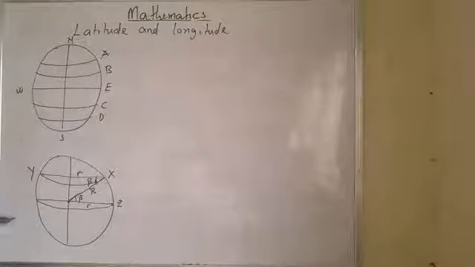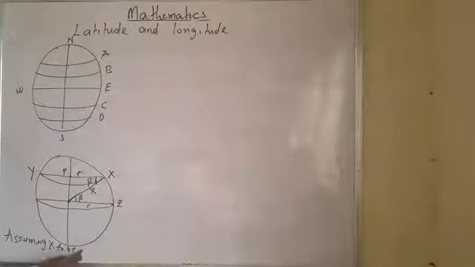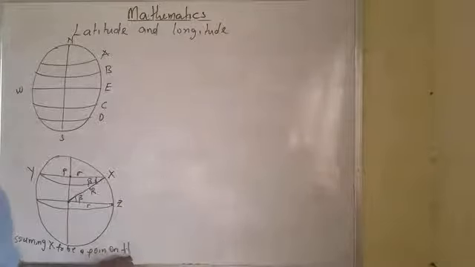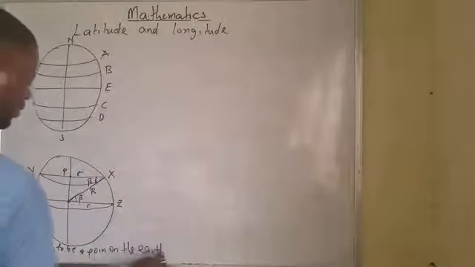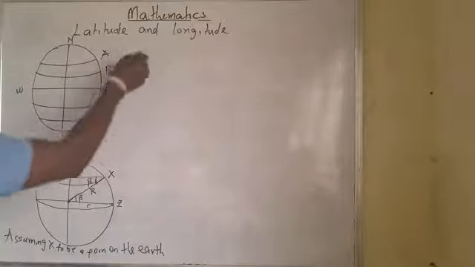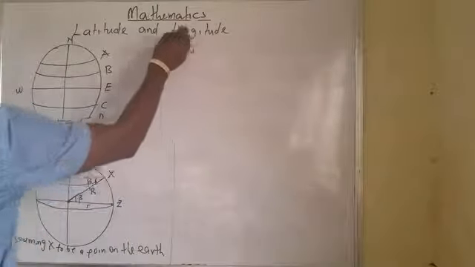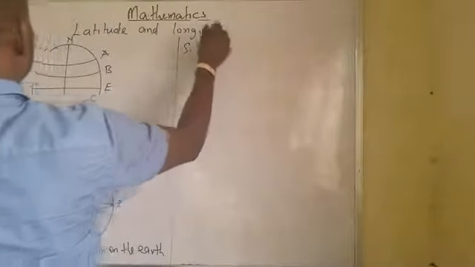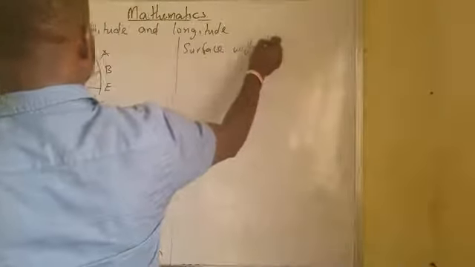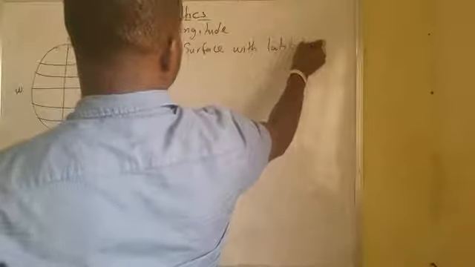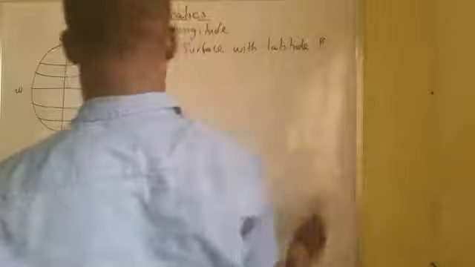If I call this place a point P, because it defines a point there, assume X to be a point on the Earth's surface with latitude beta.